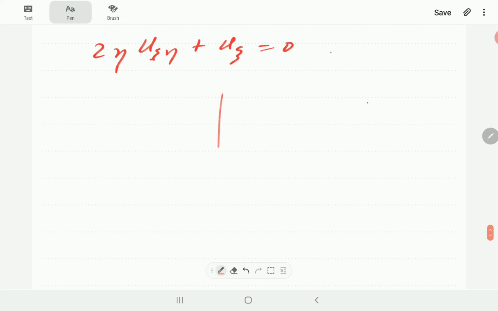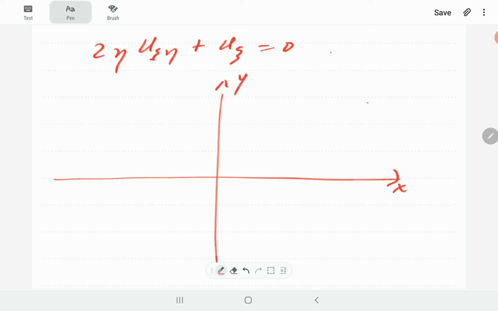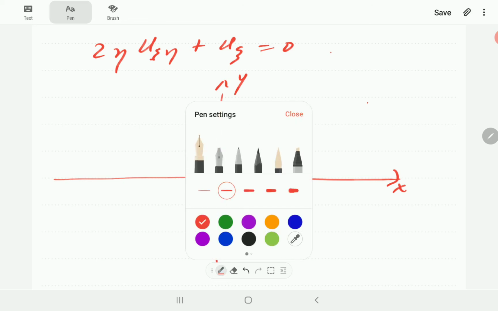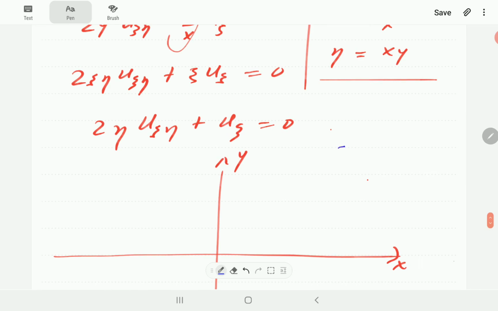Now let me just quickly talk about the canonical coordinates. If this is our xy rectangular coordinate system, the xi coordinates are given by xi equal to x over y equal to c. So if you like, this is just y equal to a constant times x.